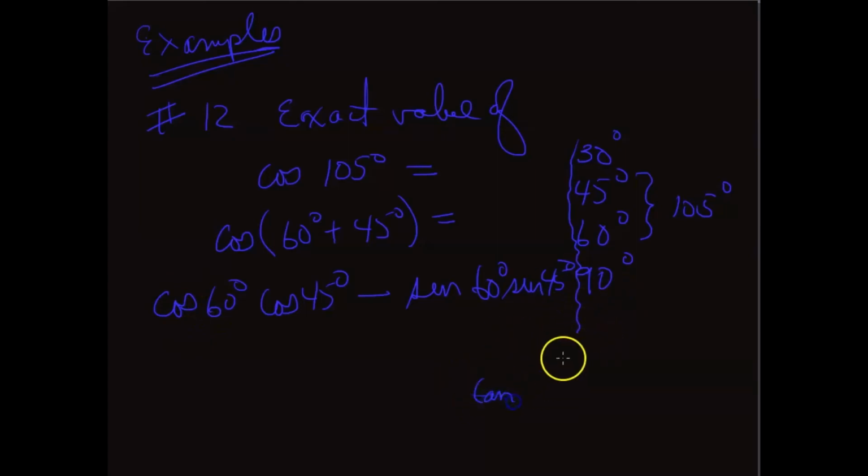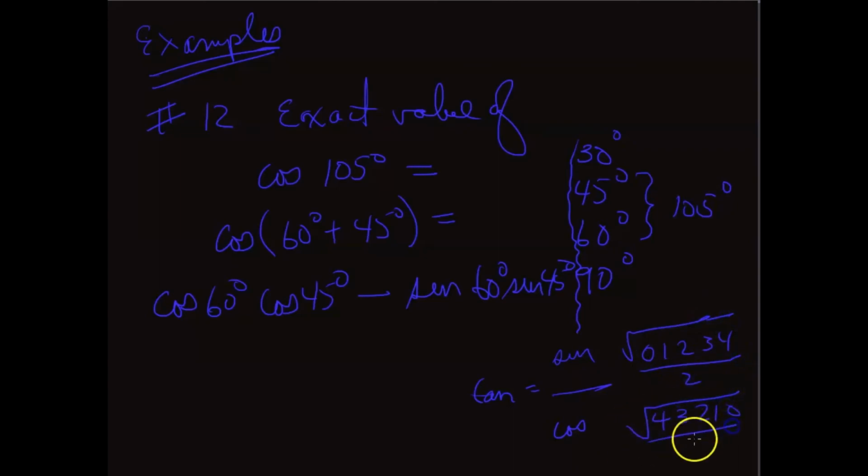The tangent equals the sine over the cosine. Square root 0, 1, 2, 3, 4 over 2, and square root 4, 3, 2, 1, 0 over 2, for 0 degrees, 30 degrees, 45 degrees, 60 degrees, and 90 degrees. So 60, cosine.